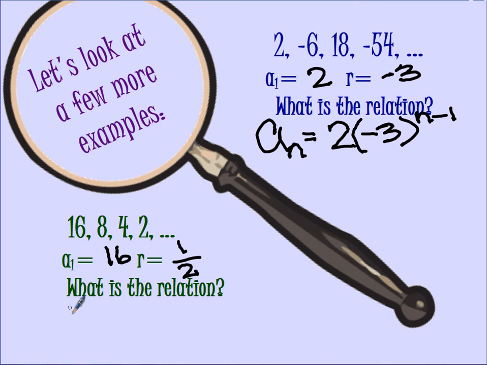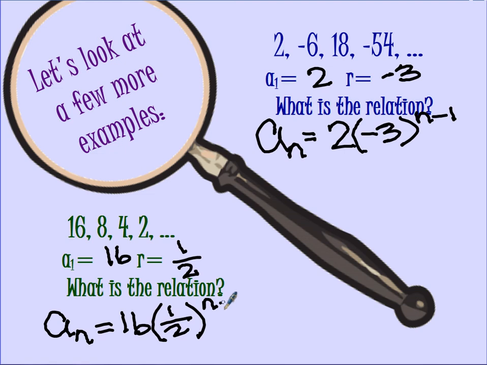So to find any term in our sequence, we'd take 16 and multiply that by 1/2 to 1 less than our term number.